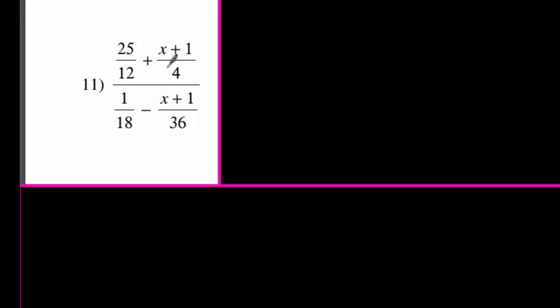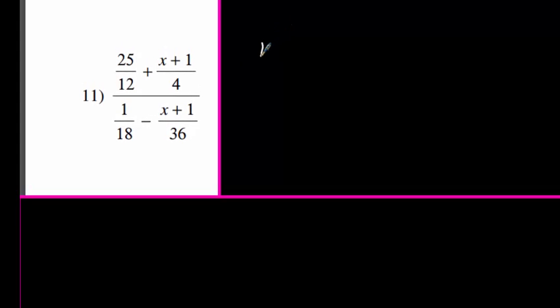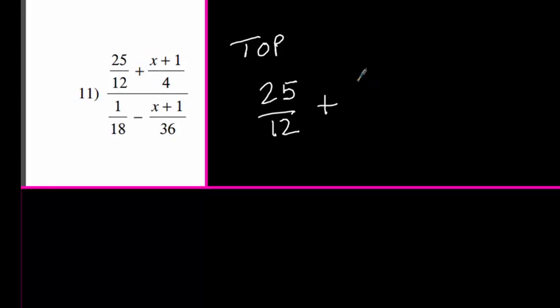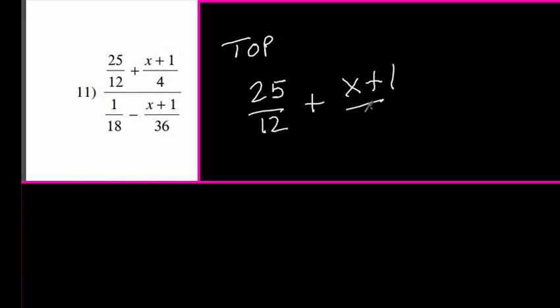All right, so now I have one that has a fraction in the top and a fraction in the bottom. So I'm going to deal with just the numerator, or just the top, first. So I know I have 25 over 12, and I have to add x plus 1 over 4.